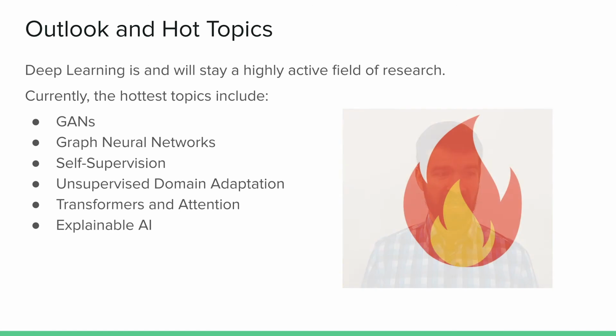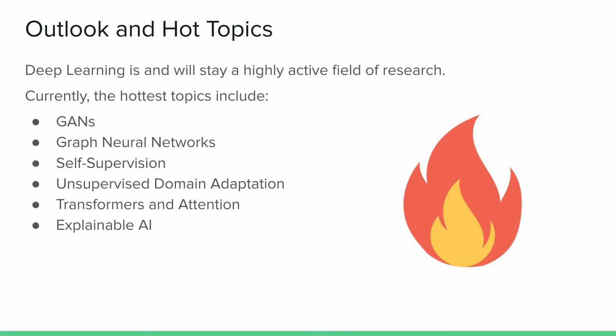Deep learning is and will stay a highly active field of research, and the hottest topics, in my opinion, include generative adversarial networks, graph neural networks that we did not cover in this lecture but that are also becoming more and more popular, self-supervision and unsupervised domain adaptation, both techniques that try to make use of unlabeled data, because labeled data is only sparsely available and more expensive than the abundance of unlabeled data.